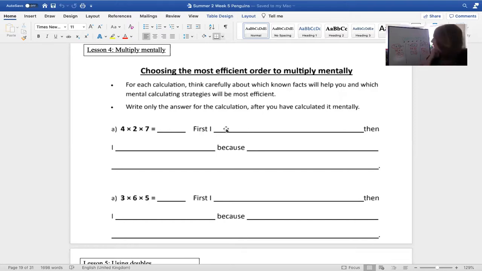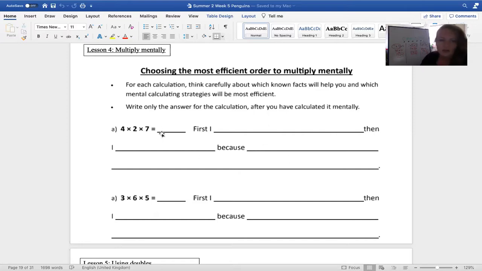For example, in mine, I'm going to look at the middle one. So I would say first I multiplied 5 times 4, which is equal to 20. Then I multiplied 20 times 7 because that's left over, and I used my double facts. I knew that 7 times 2 was equal to 14, so 7 times 20 was equal to 140.